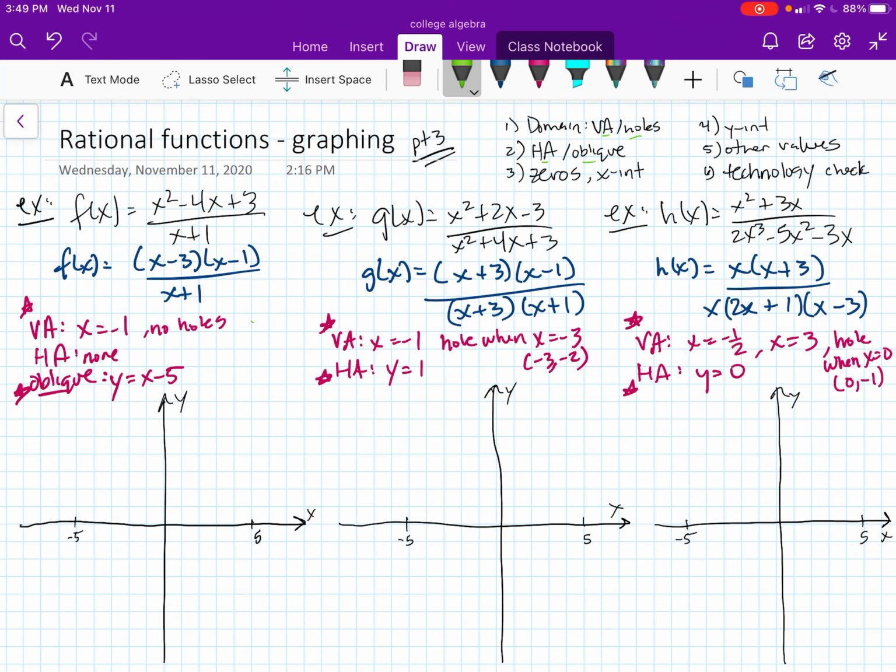All right. So first one here, vertical asymptote of x equals -1, and then we had this oblique of y equals x minus 5, and no holes. All right, since I did that in pink, let's go ahead and do the asymptotes in pink.